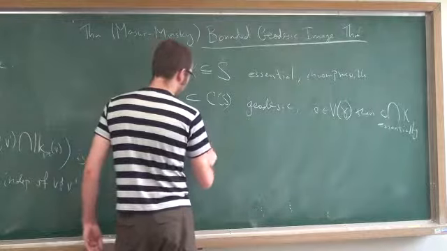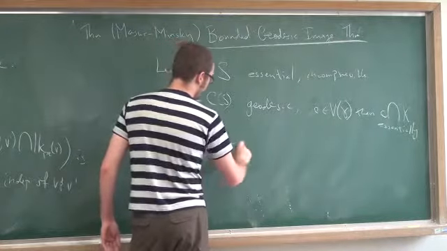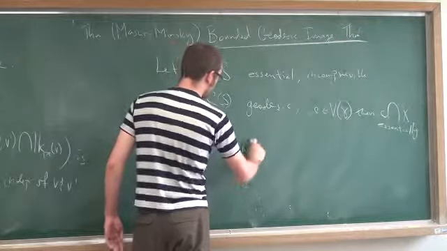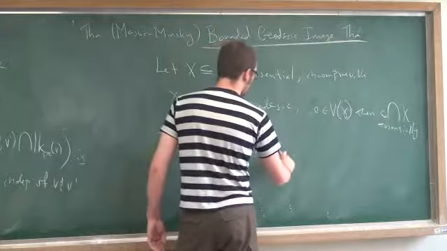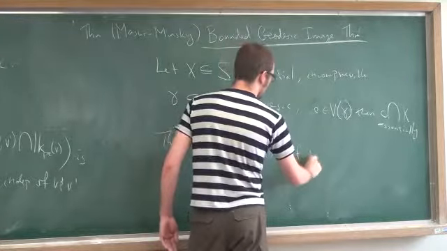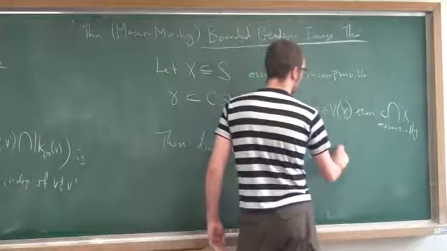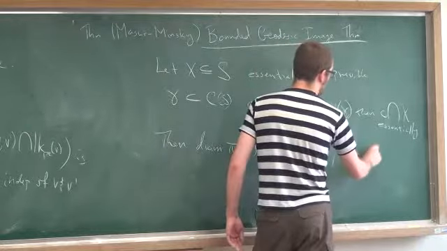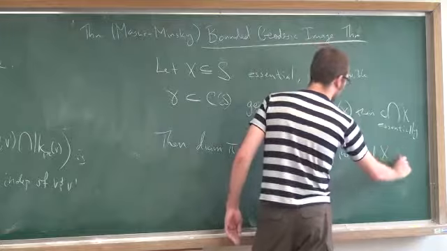Then the diameter of the projection onto X of gamma is uniformly bounded independently of X and gamma.